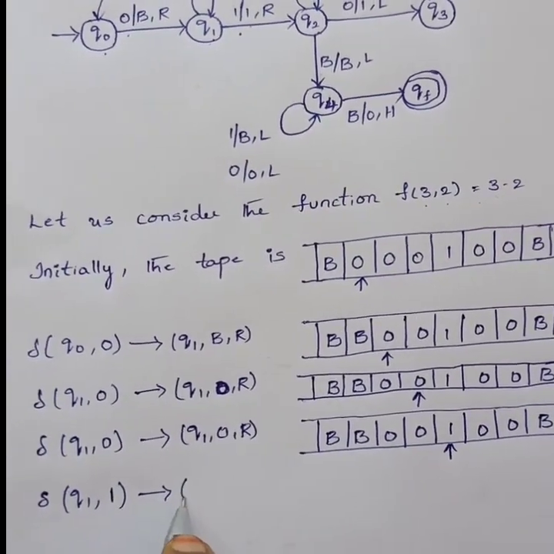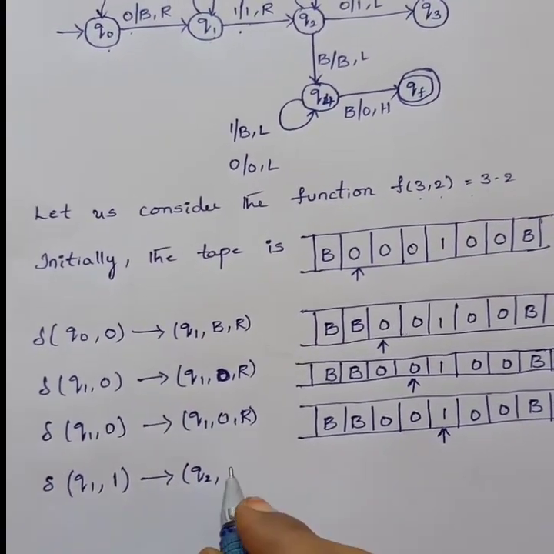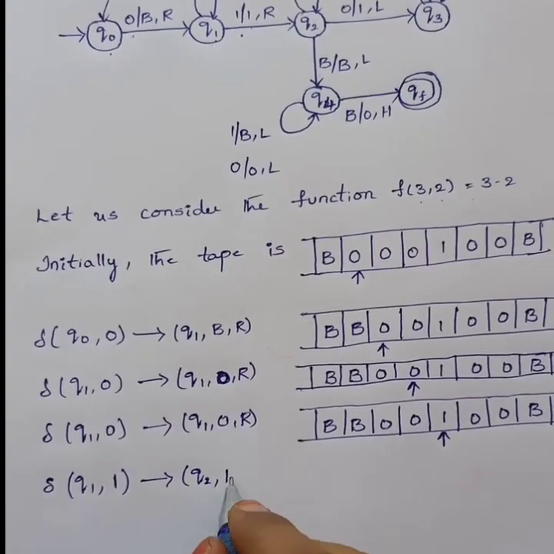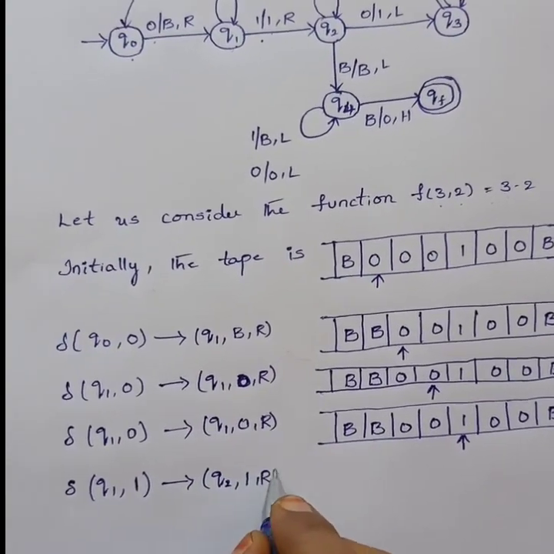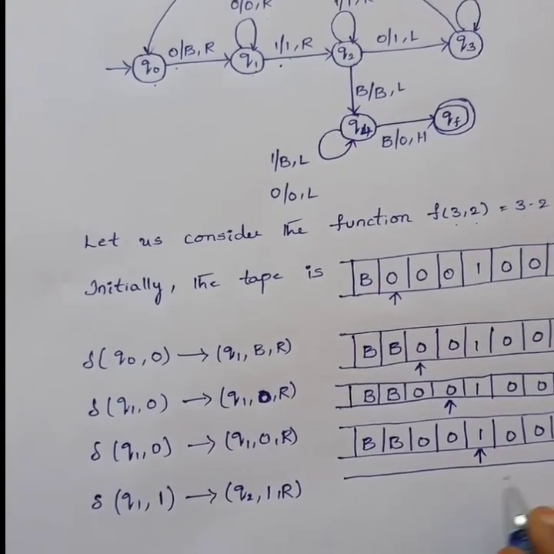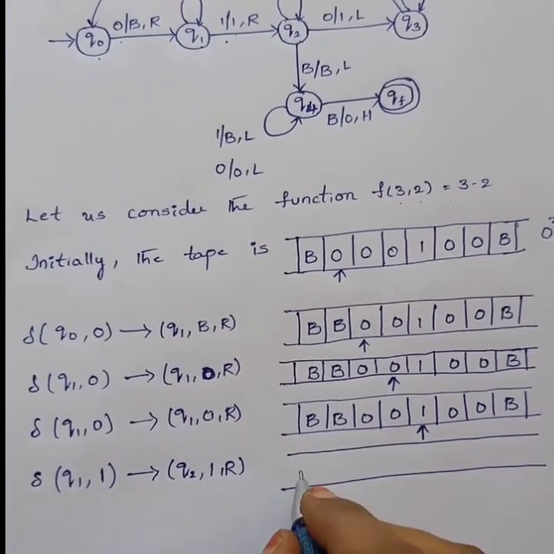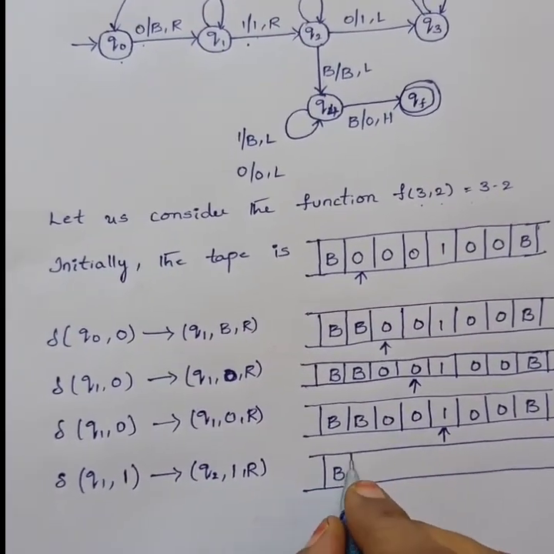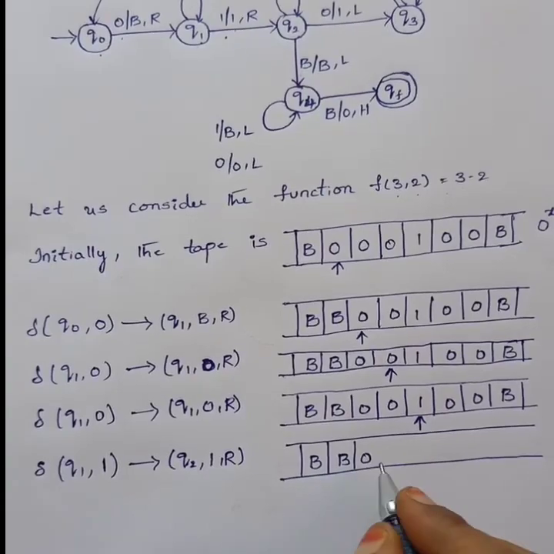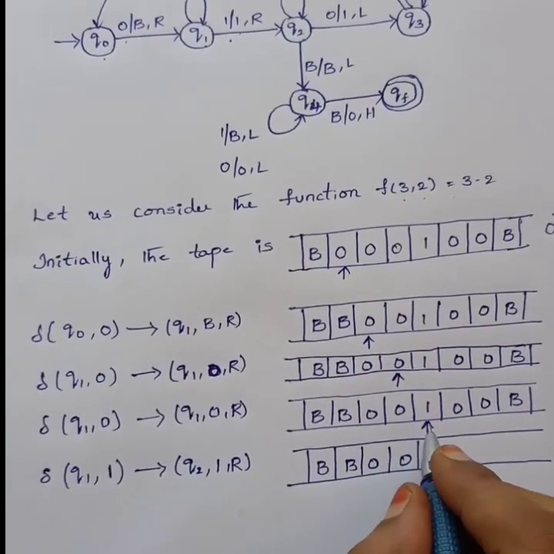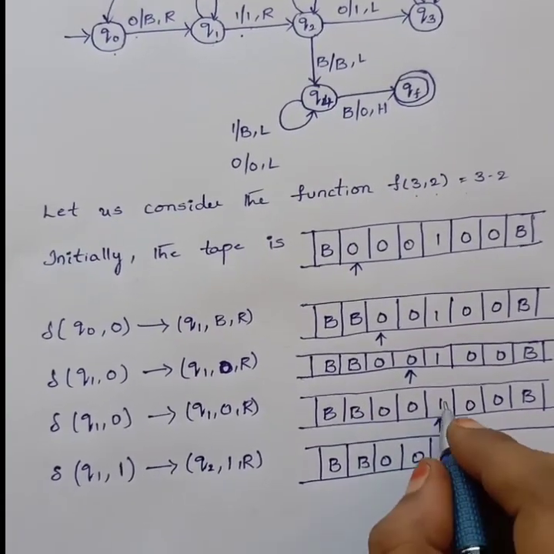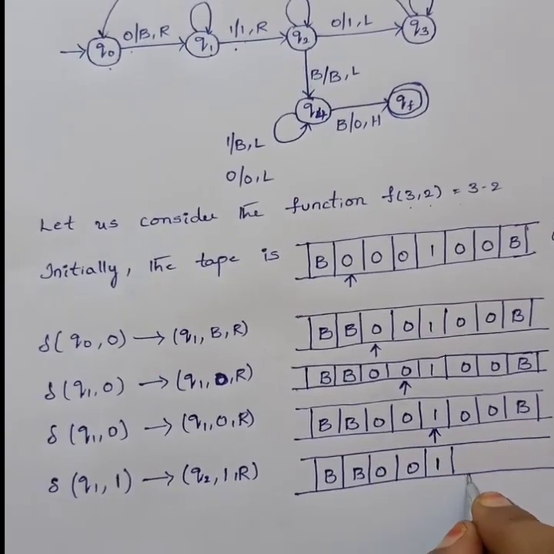I am changing the state also here: Q2 state, 1 remains 1 and move to right. So B, B, 0, 0, and the 1 as it is I am replacing and moving to right.